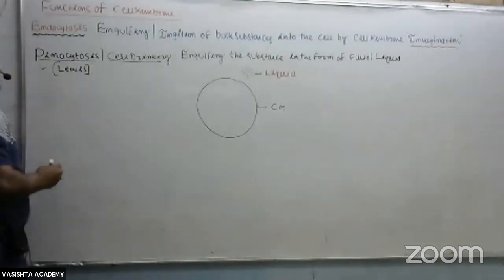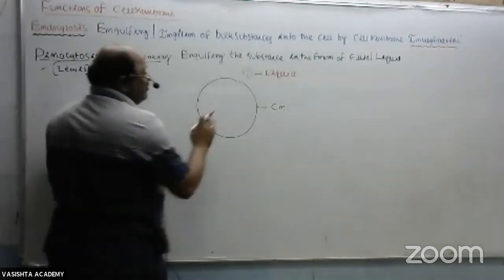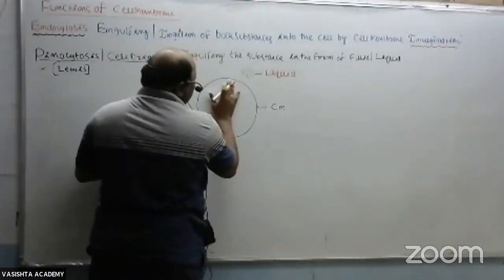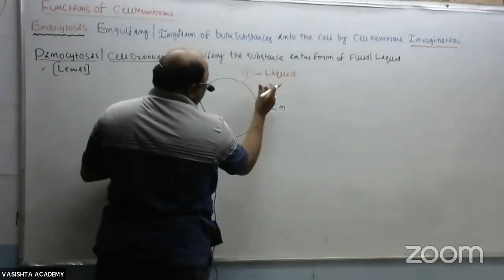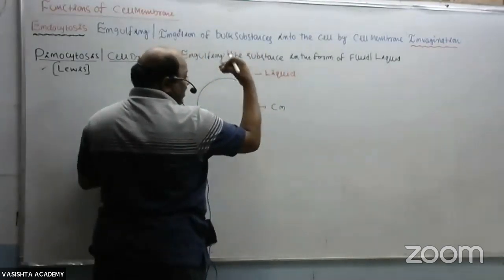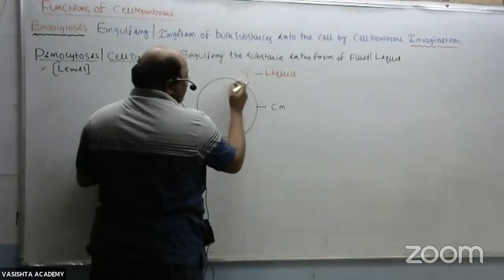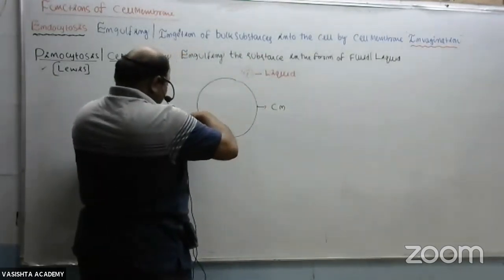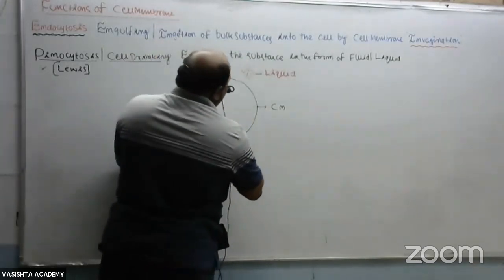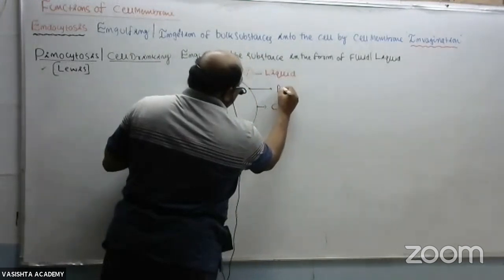The process was explained by the scientist Lewis. According to him, this is the cell membrane, and this is the outside environment of the cell membrane. For example, when we drink any kind of cool drink or any liquid, how does it enter? On the cell membrane, some special kind of protein receptors are present.